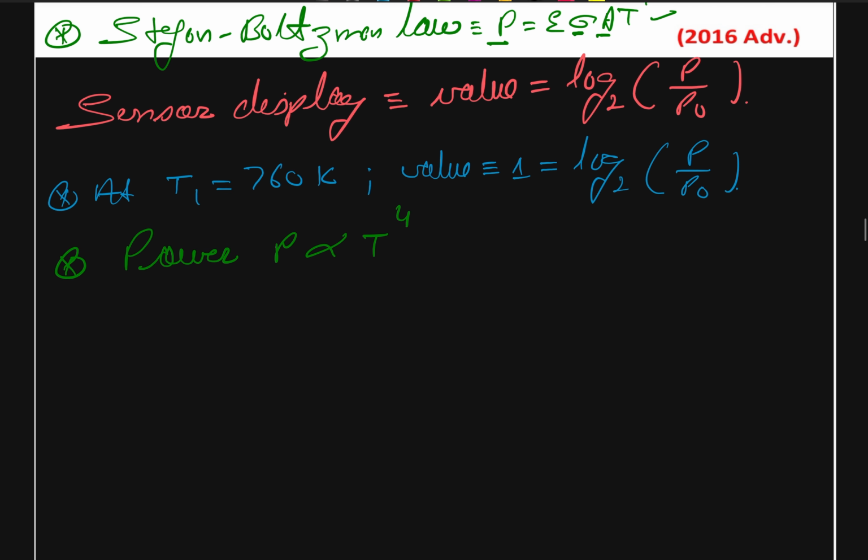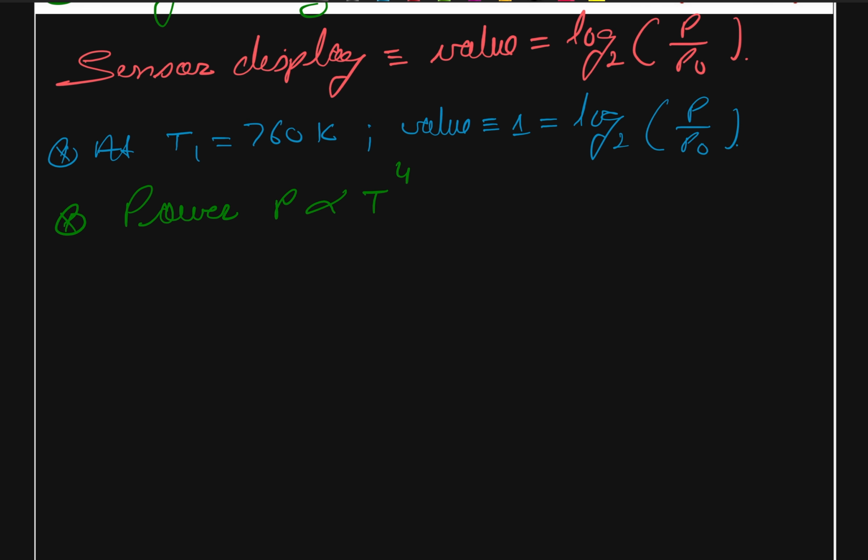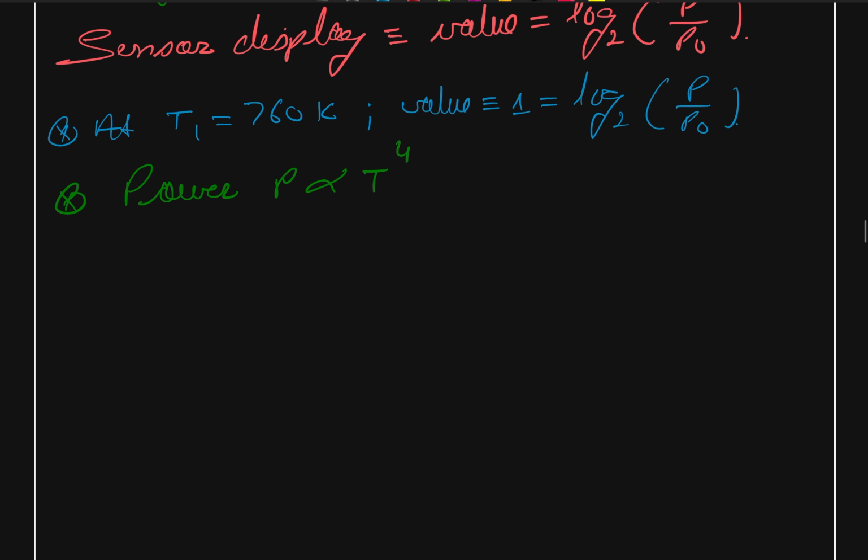Now we have two temperatures, so we can simply cite it in the form of a ratio. We can say that P2 upon P1 will be equal to T2 upon T1 whole raised to power 4, because it says that emissivity is taken as constant. Rest of the parameters are already constant.